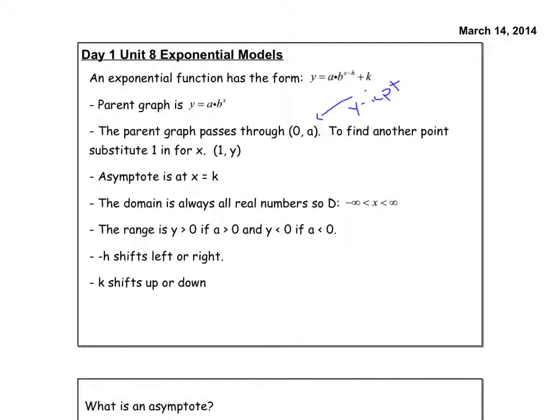The range then is determined by what a is. Y will be greater than 0 when a is greater than 0. Y will be less than 0 if a is less than 0. Then again, h and k determine your shifting. So the opposite of h shifts you left and right. K always shifts you up or down.